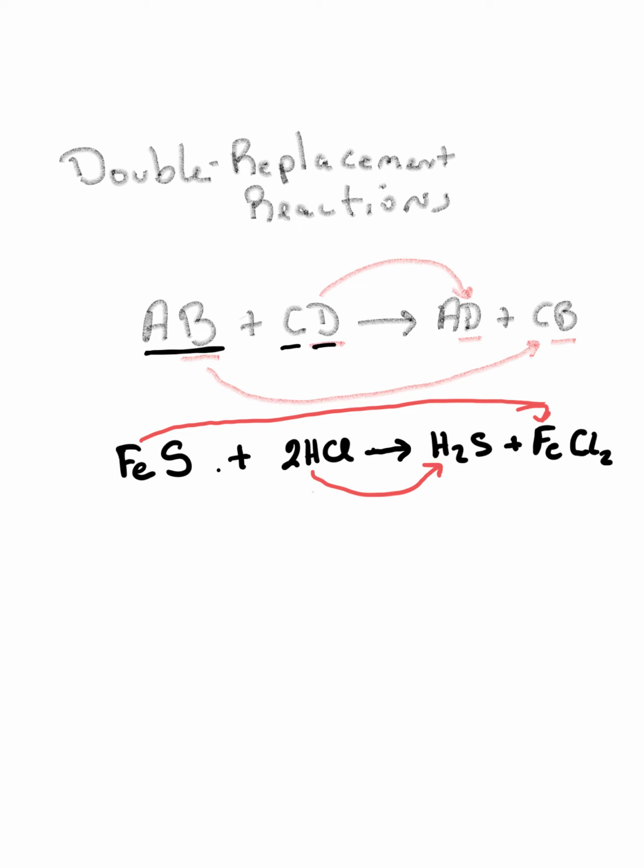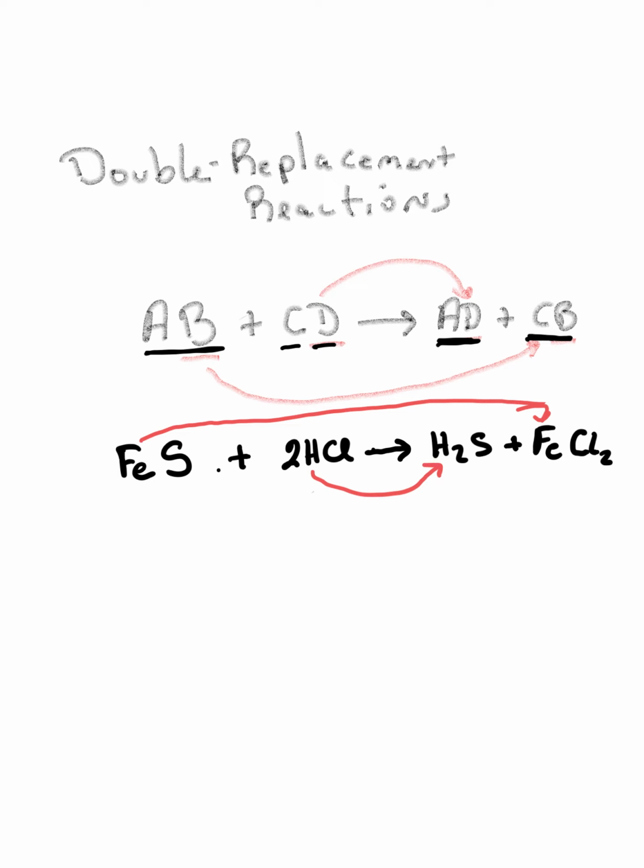In our product side, the A is now combined with the D instead of the B, and the C is now combined with the B instead of the D. So you've seen there's two elements that have swapped places, if you will. In other words, there's two substances or two parts of the compounds that have been replaced.